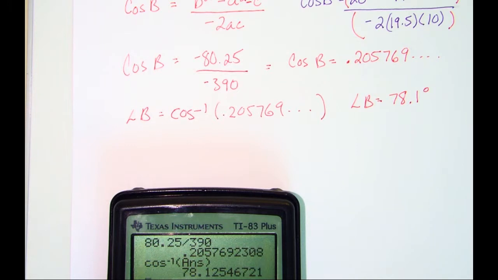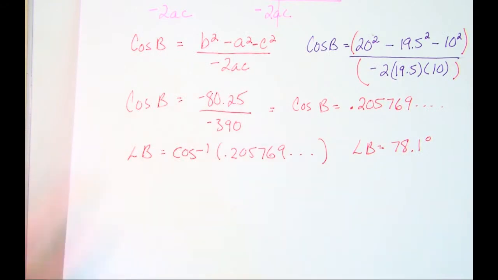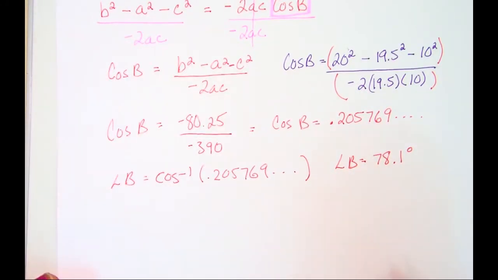And so now I need to answer the question though. What the question asked me to do. So what does it need to be between? 70, 80. Is it between 78? Yes.